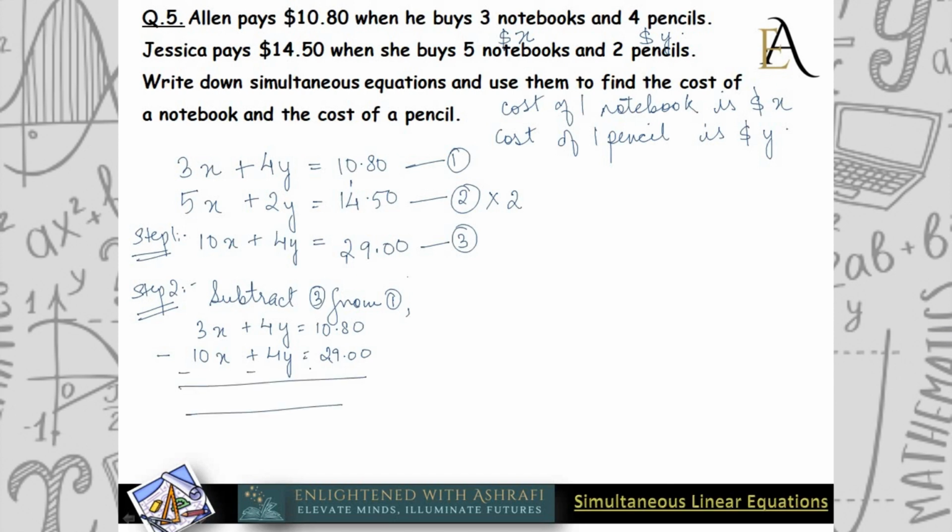This will get a minus, minus, minus. This will become minus 7x. Cancel this off. 10.8 minus 29 gives minus 18.2. Let's cancel this off. x is equal to 18.2 upon 7. 18.2 divided by 7 gives 2.6.